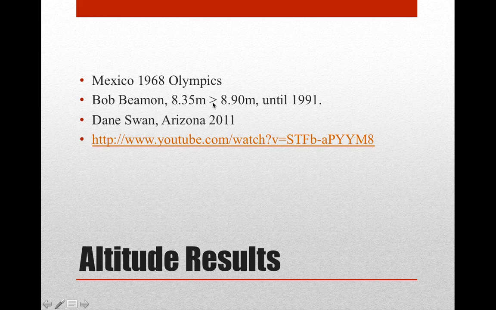Went from 8 metres 35 to 8 metres 90. Now that record stood until 1991 because as he is running and jumping through the air, there is less air resistance. He's able to travel a little bit further. So our short sprint power explosive events will actually benefit from being at altitude.